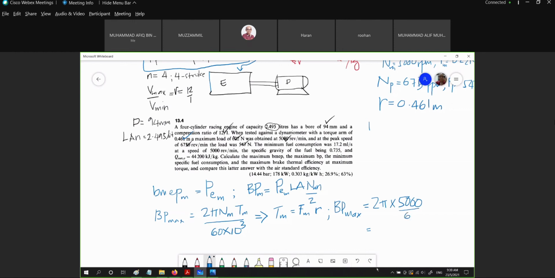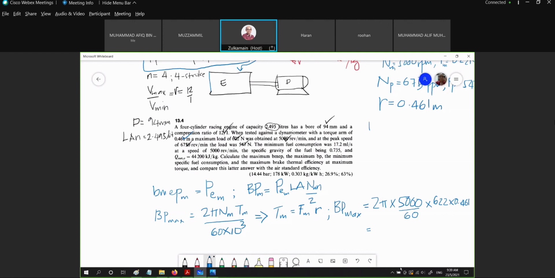Cuma tukarkan kepada second. And then kita punya torque at 5,000, torque adalah F dia adalah maksimum 622 multiply dengan R kita adalah 461. Baru betul.